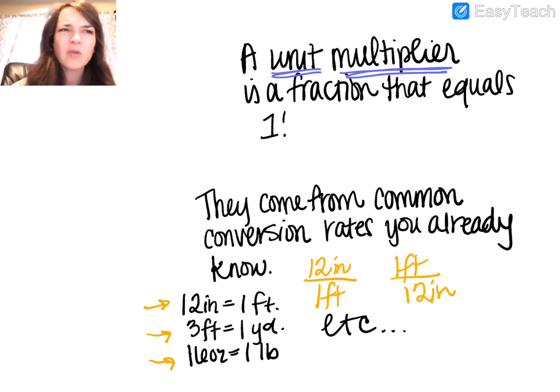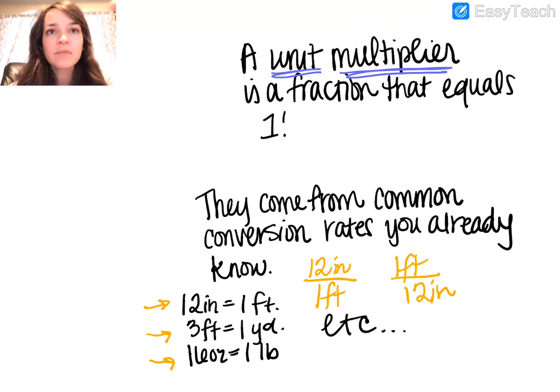Now you may be asking, what does it mean that it's a fraction equal to 1? Well, let's think about it. If 12 inches is in fact the same as 1 foot, if you think about that in your mind right now, a ruler is 12 inches. A ruler is also a foot. That's the exact same measurement of distance.